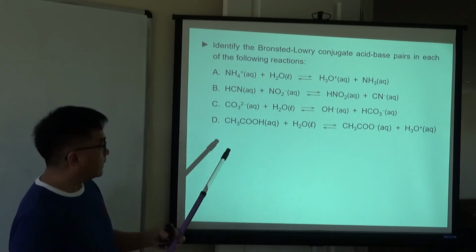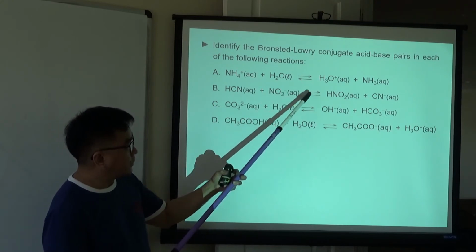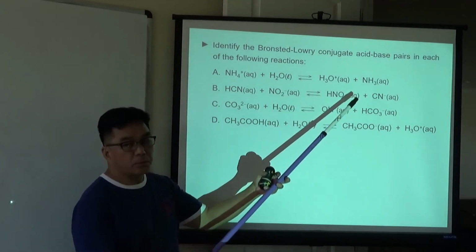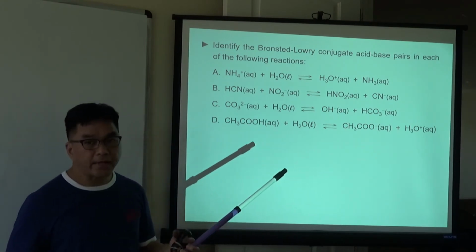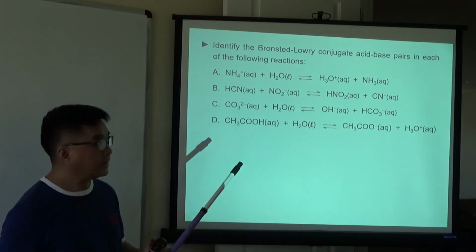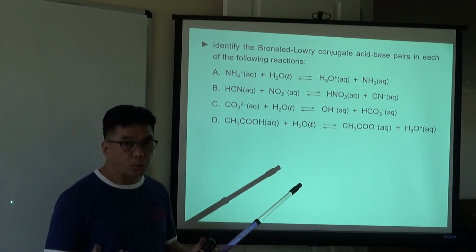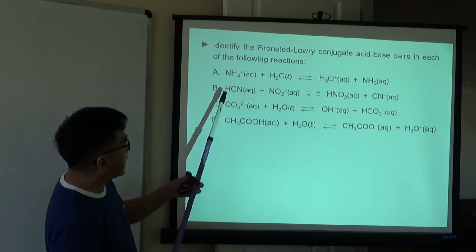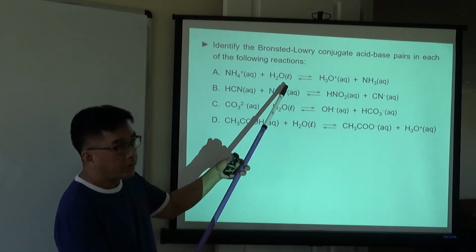Ammonium ions react with water to give you hydronium ions and ammonia. Which one is the acid and which one is the base? Which one is the conjugate acid and which one is the conjugate base? A Bronsted-Lowry acid is a proton donor. In this case, ammonium ions donate a proton to the water, so it's an acid.